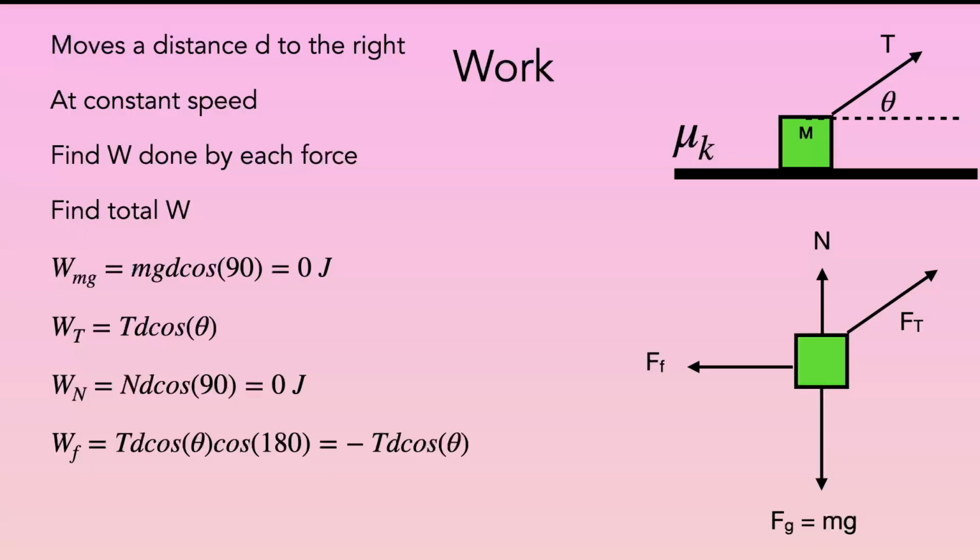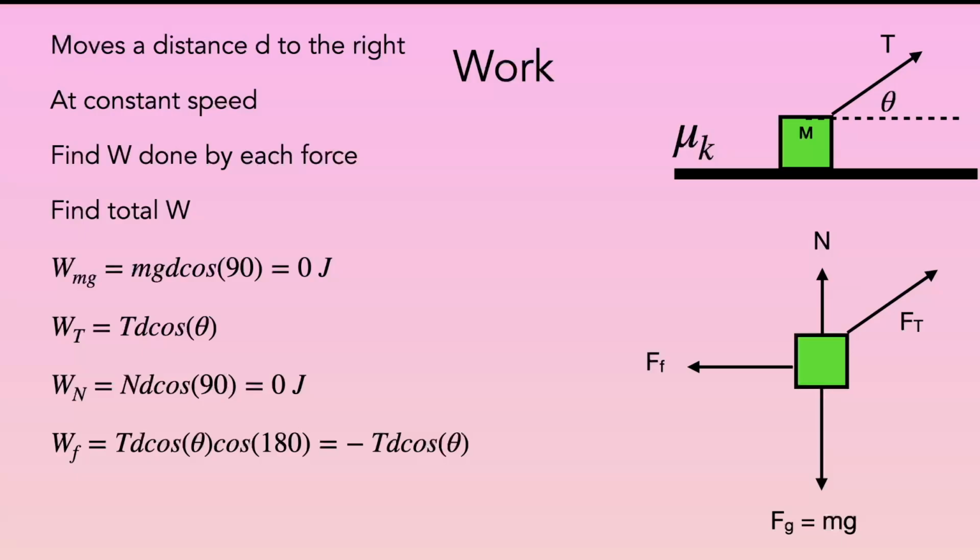The angle in between T sine theta and D is 90 degrees, so it ends up being 0. And then T cosine theta is pulling in the direction of the motion. So you'd actually have T cosine theta times D times the cosine of 0 degrees, which is 1. So you end up with that same result whether you break it down into components first and do two forces, or you treat tension as just that one force.